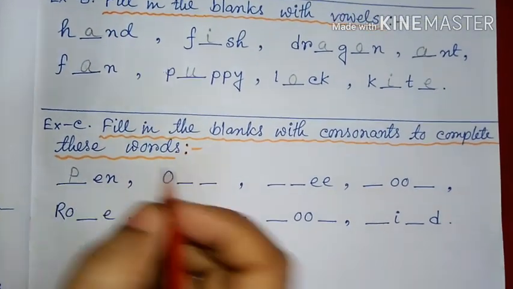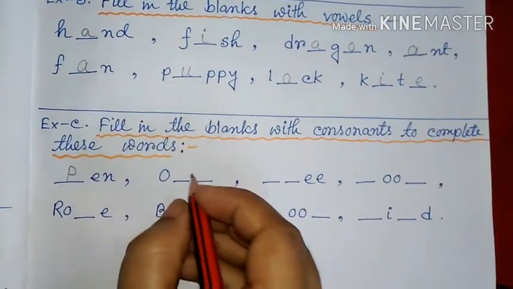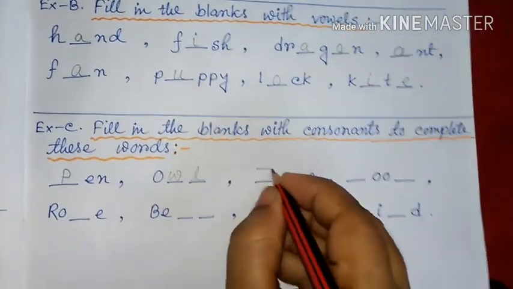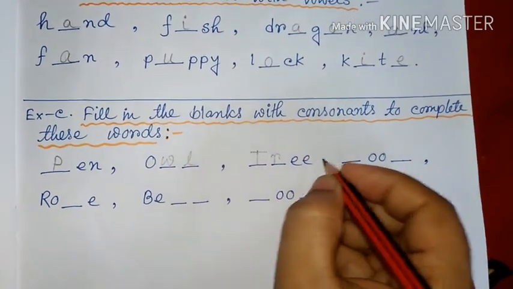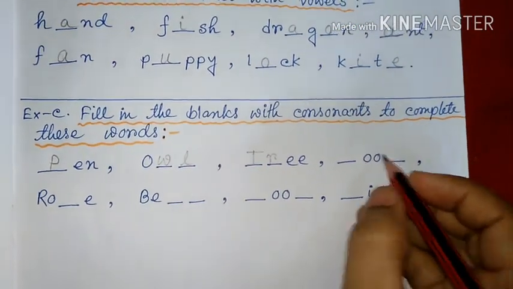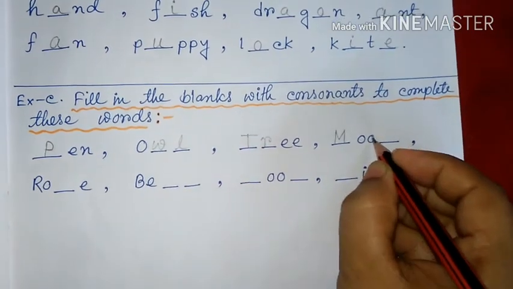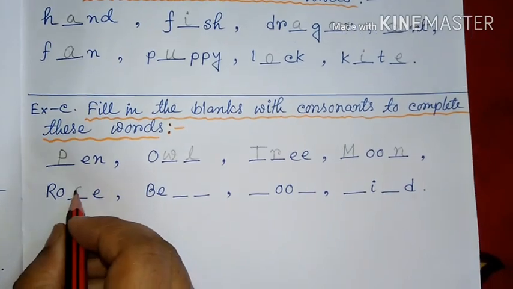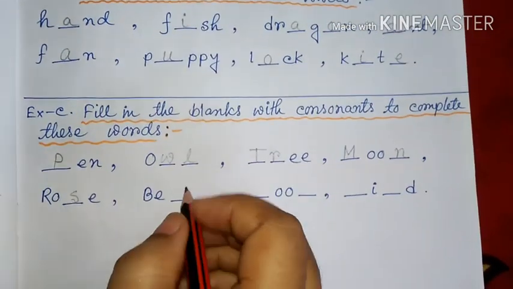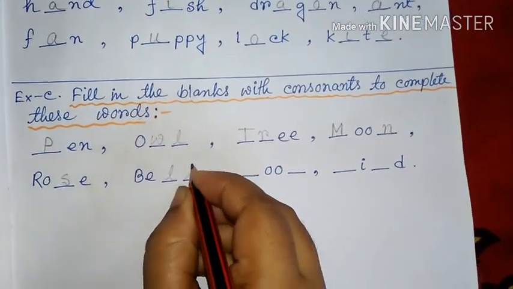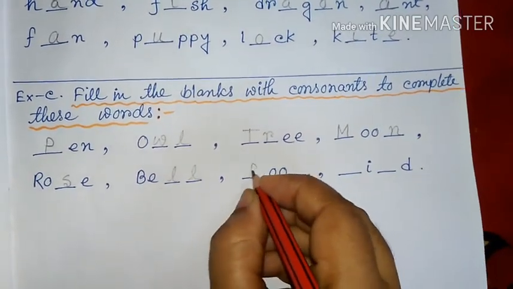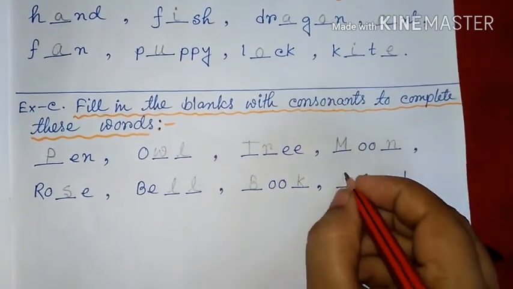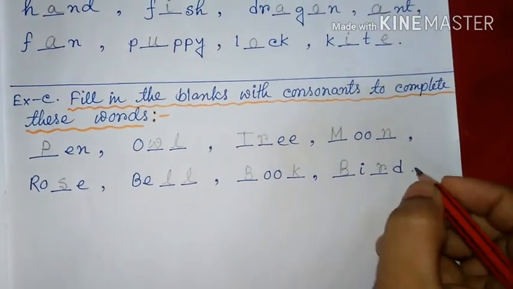So here will be pen, OWL owl, TREE tree, MOON moon, ROSE rose, BLL bell, BOOK book, BIRD bird.